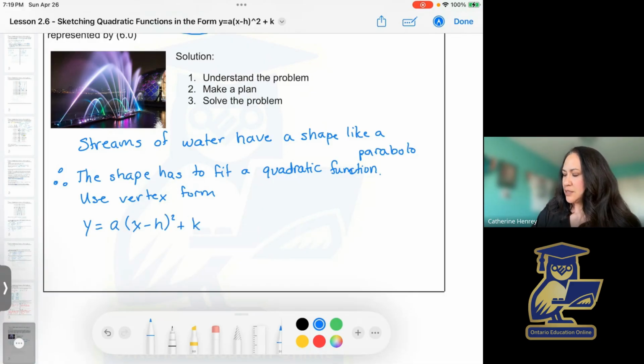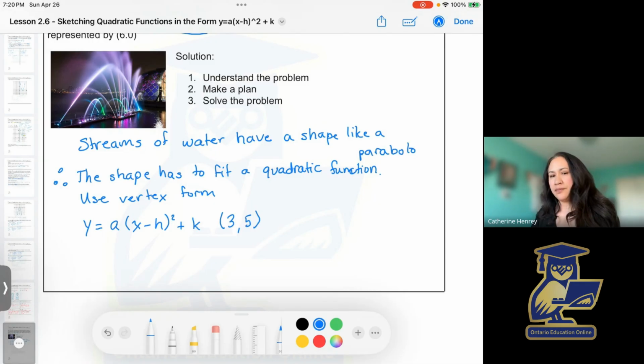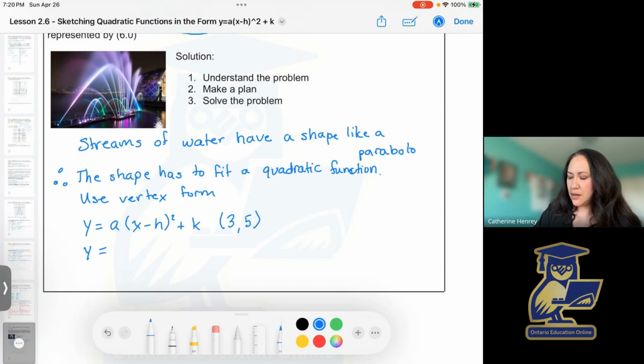The vertex is given to be (3, 5), and that's from the word problem. Let's go ahead and plug these values into the vertex form of the quadratic. y equals a(x minus 3) squared plus 5, using 3 instead of h and 5 instead of k.